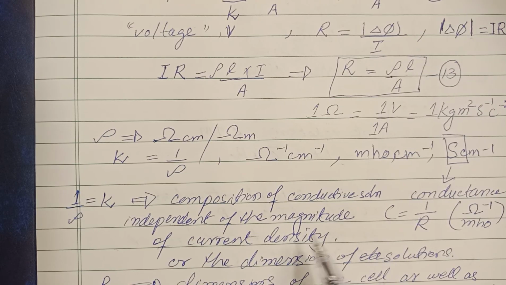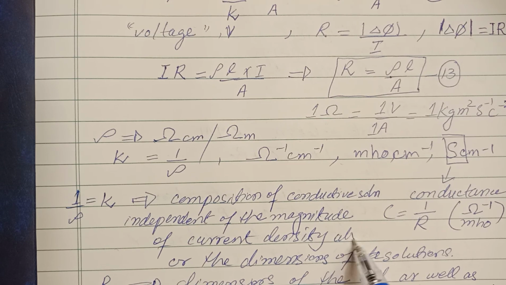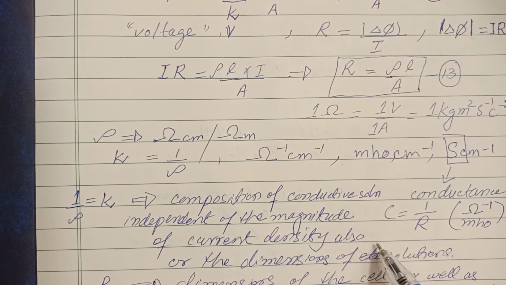As kappa, the electrical conductance, is independent of the magnitude of current density, it will also be independent of the applied potential, that is the electric field.